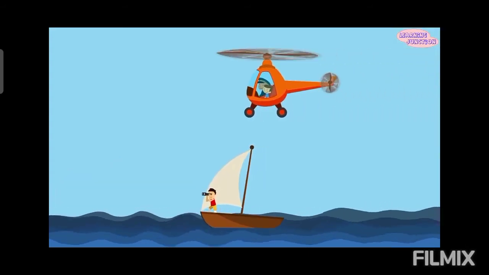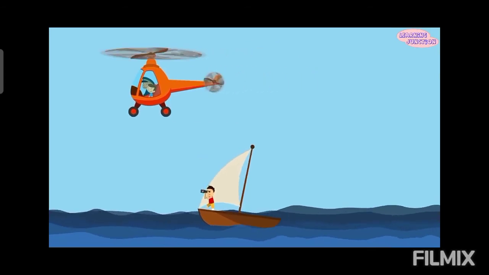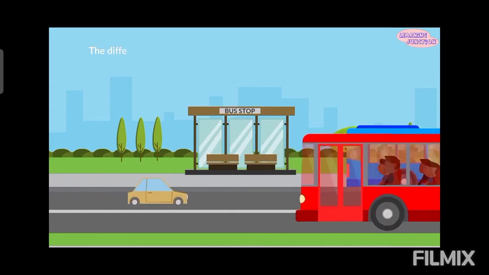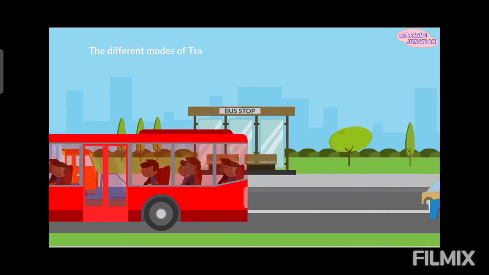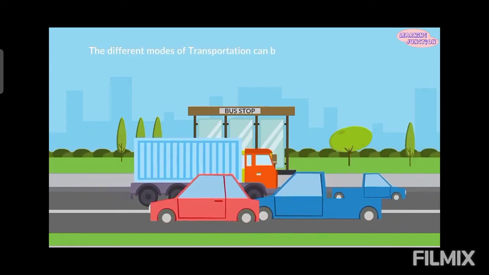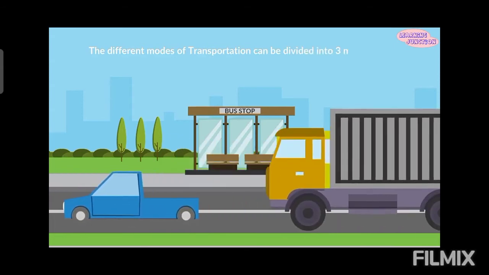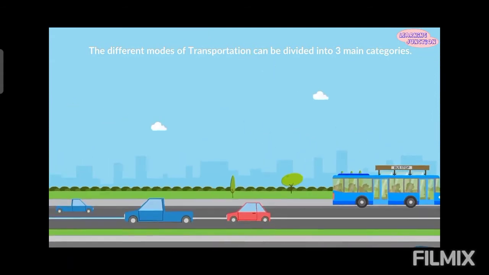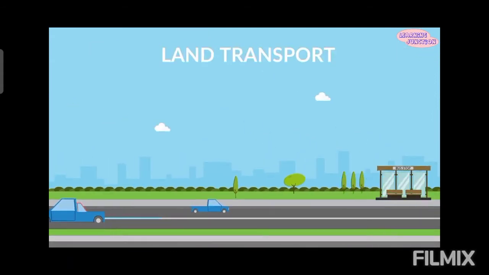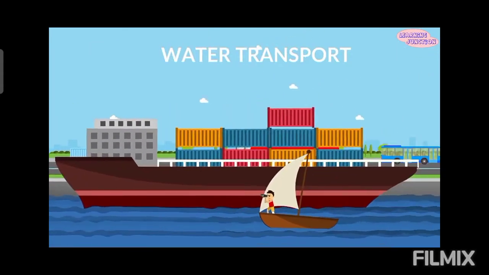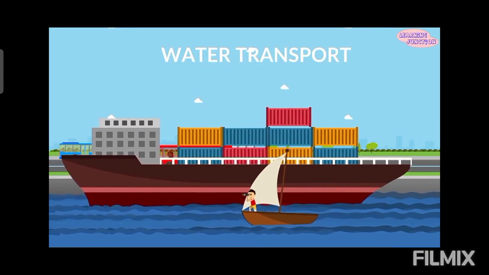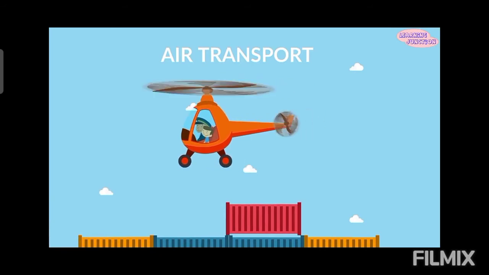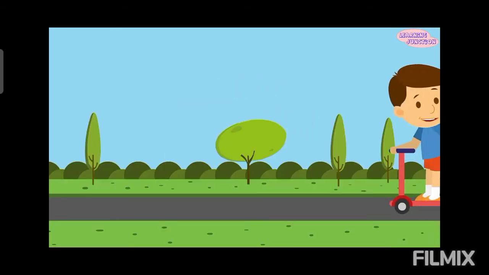And in the present situation, we use advanced vehicles for traveling. The different modes of transportation can be divided into three main categories: first of all, land transport, then water transport, then air transport. There are three types of transport.